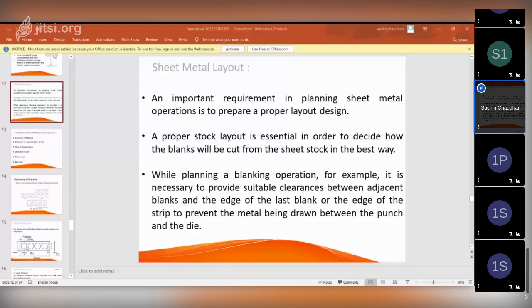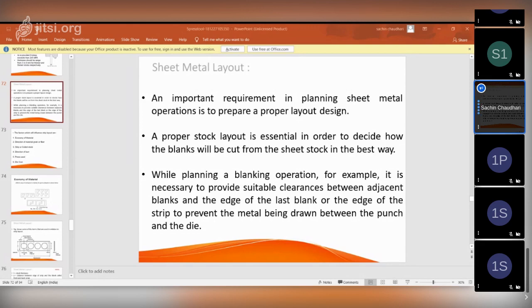That's why for softer material more spacing is given. And if you are using thinner metal sheet, then also you have to keep the distances larger.